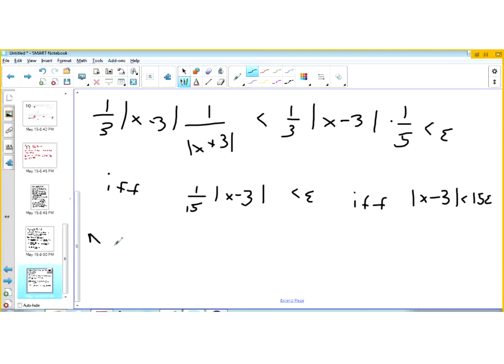And this is true if and only if the absolute value of x minus 3 is less than 15 epsilon.